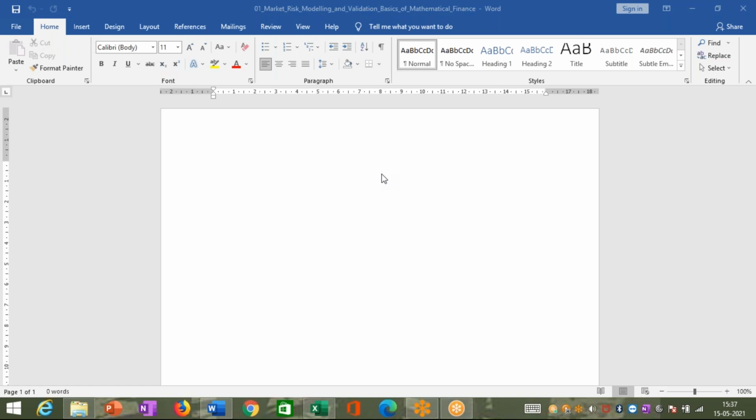So over here, what we will try to do is understand the different sources from where risk arises, and the next thing we need to understand is how to manage the risk. Before we try to manage any risk, we need to identify how the risk is quantified.